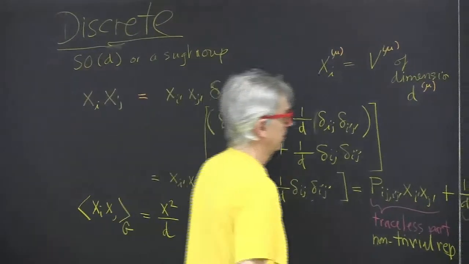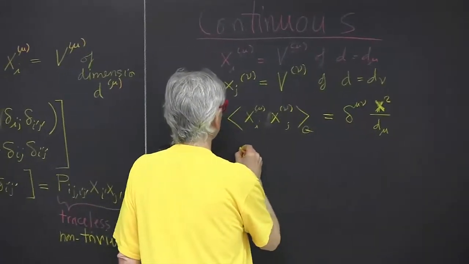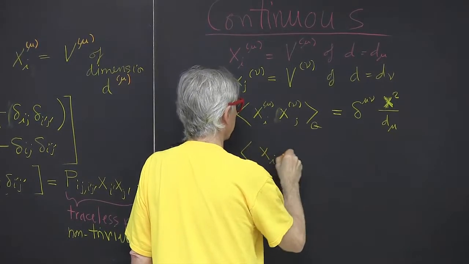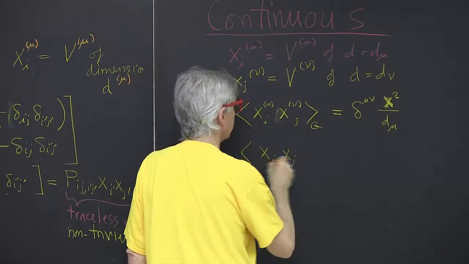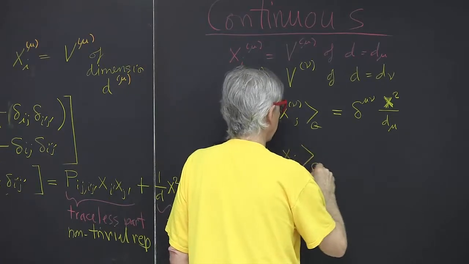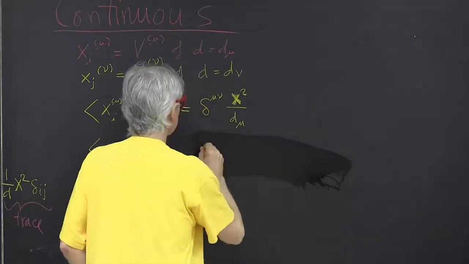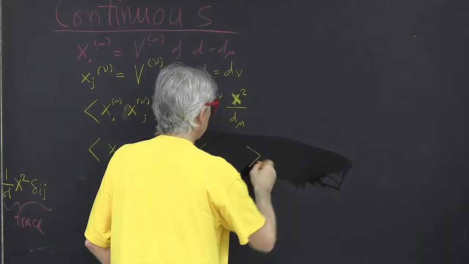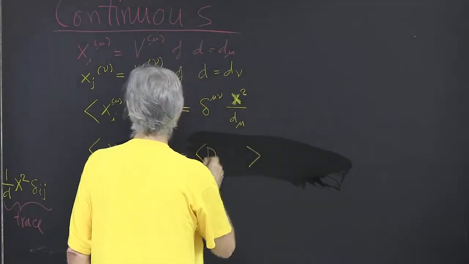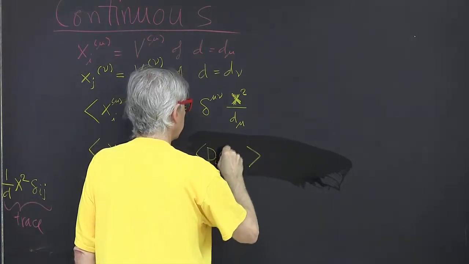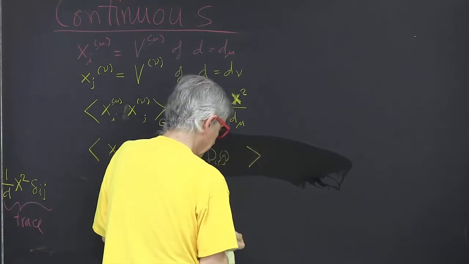Then we can look at what this averaging really means. What this averaging really means is, when I tell you that I'm taking x_i x_j, I'm averaging over a matrix with x on the first one. It depends on the group element.